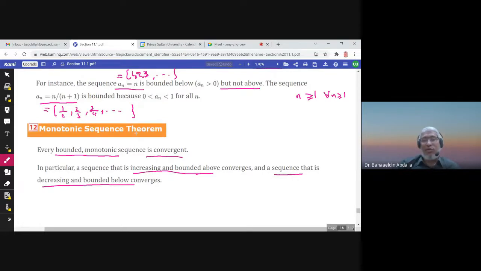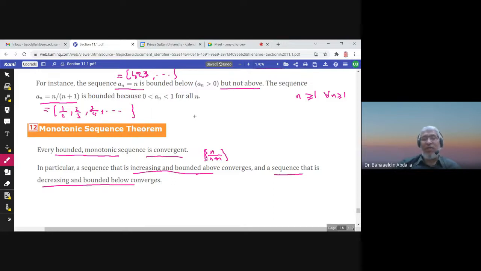And this sequence, which is n over n plus 1, is an example of a sequence which is bounded above by 1 and it's increasing, by the way, because this is 0.5, this is 0.67, this is 0.75. So you can prove that it is increasing.